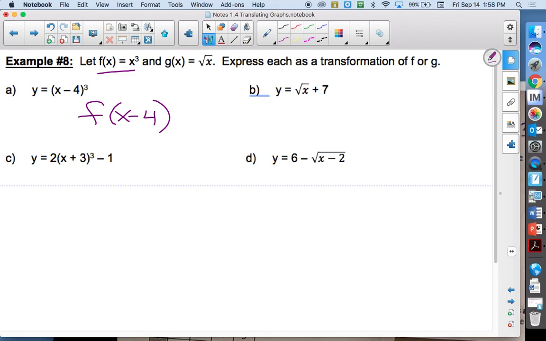So if we look at a harder one, like down here with letter D, it's a square root. Well, the square root function is the function g. What goes in parentheses with x? Well, what's under the square root? X minus 2 is under the square root, so that goes with x. What else happens to g? Chelsea? It's a plus 6.